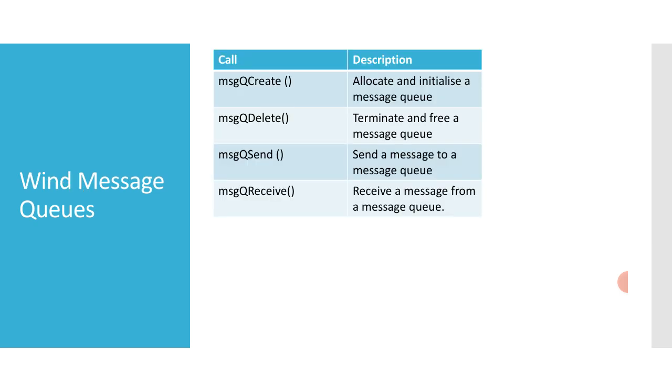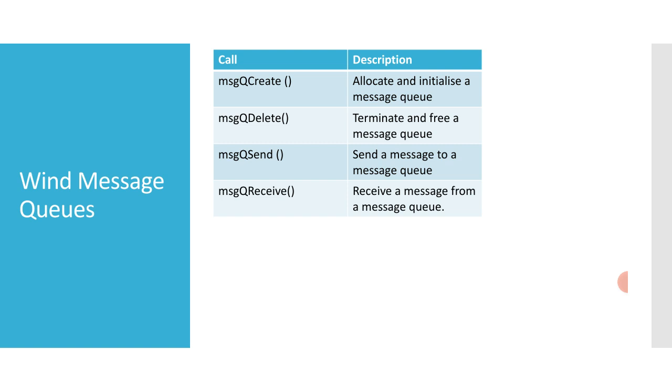Well, let's get into the VxWorks message queues. So here is the table. Have a look at it. VxWorks message queues are created and deleted with the routines as shown in the table. This library provides messages that are queued in FIFO order, that is first in first out order, with a single exception. There are two priority levels, and messages marked as high priority are attached to the head of the queue.